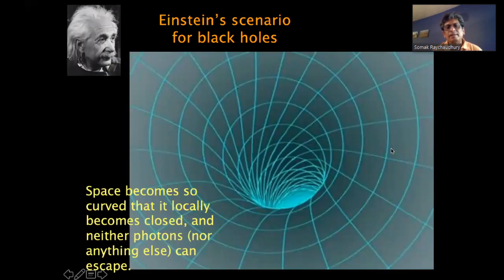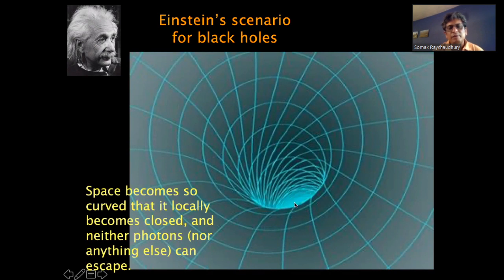Now, this is how Einstein's formulation of space-time works: just by virtue of the mass of the black hole, which is the center, the space-time around it is curved so much that nothing can escape from it. And you can see that it goes right into a discontinuity in the middle, right?